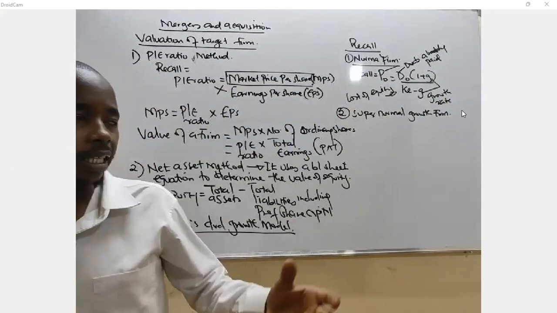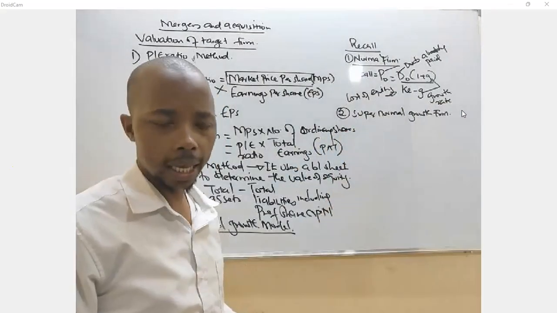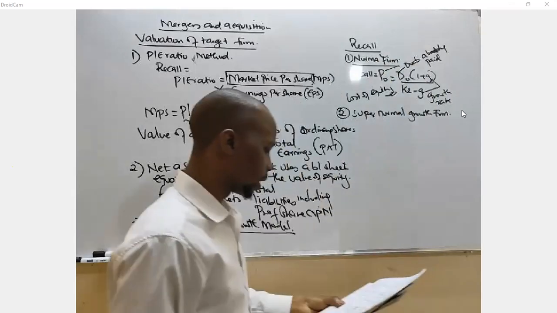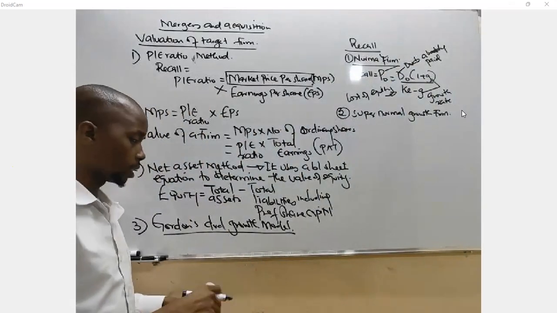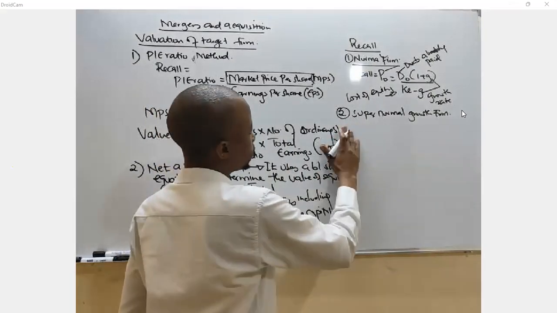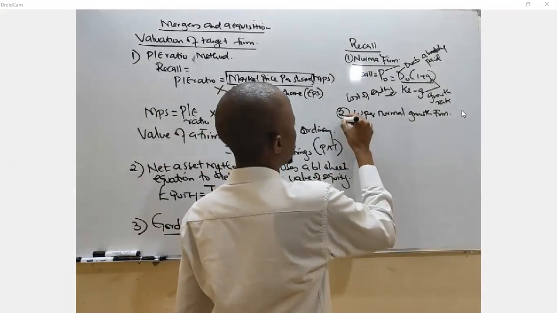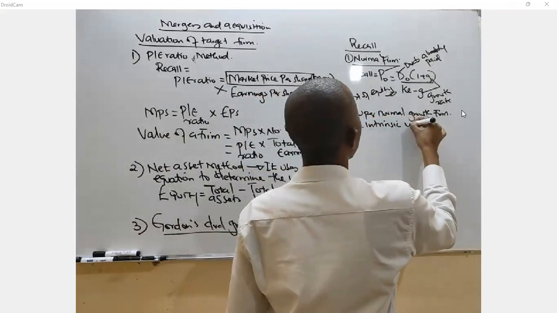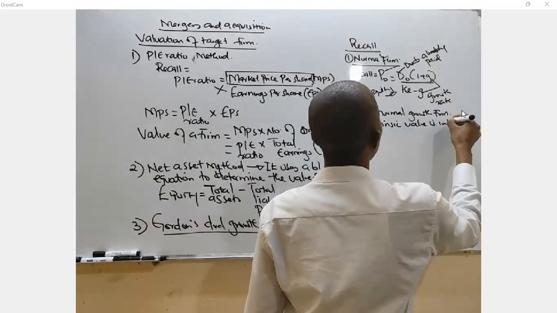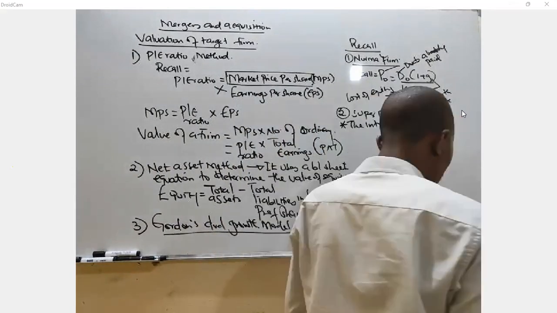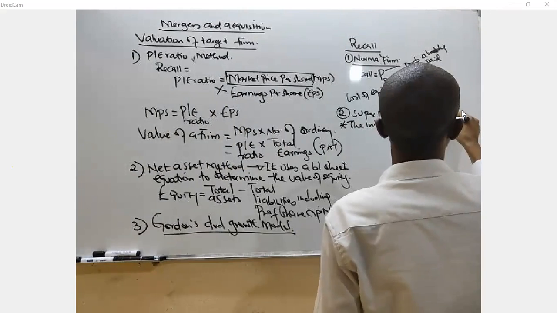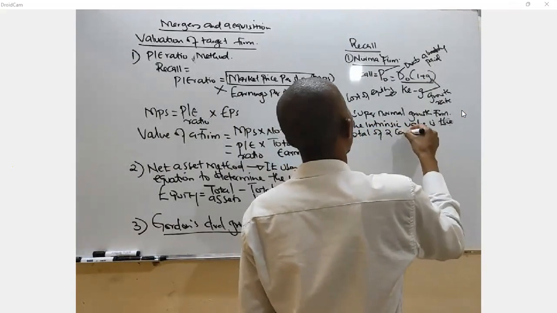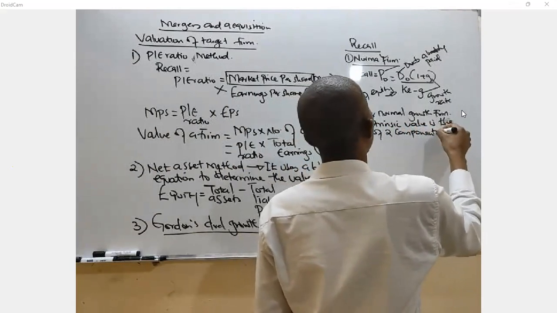And when we were discussing the supernormal growth firms, we used to say that the intrinsic value is the total of two components. Which are these components we are discussing?